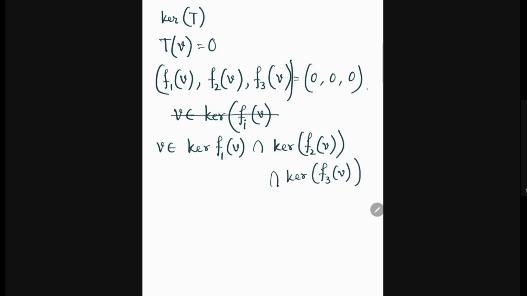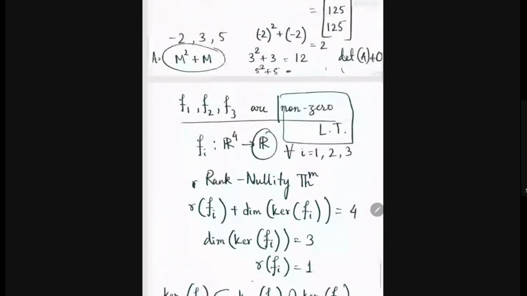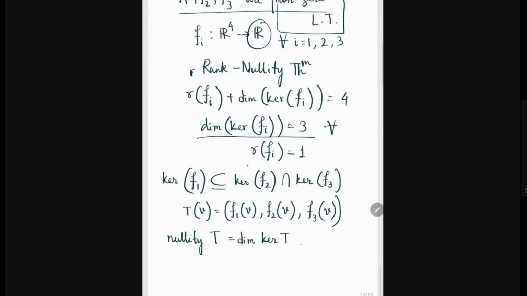We know that kernel of F1 is a subset of kernel of F2 intersection kernel of F3. So if V belongs to kernel of F1, then this is satisfied, and we have calculated that the dimension of kernel of Fi is 3 for all i.